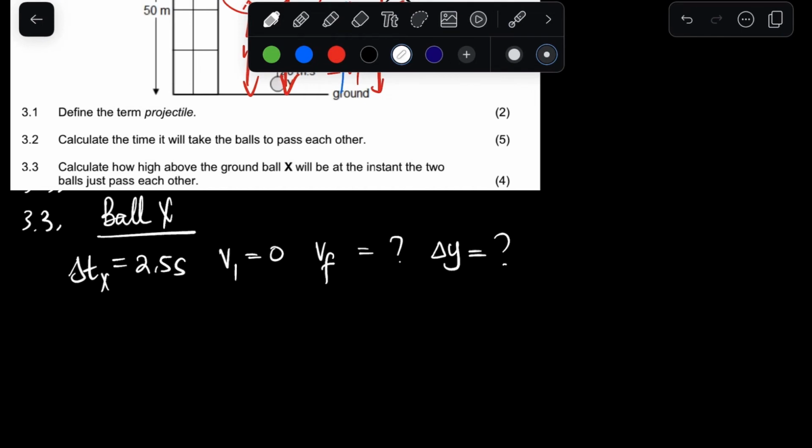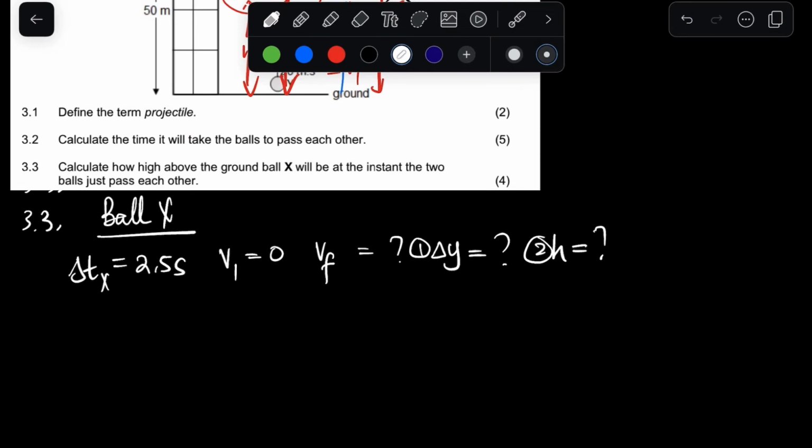The question says how high above the ground. We are looking for a height, so we have to find the height as well. This is the first thing that we have to find, and the second thing will be the height. So how are we going to find the height?